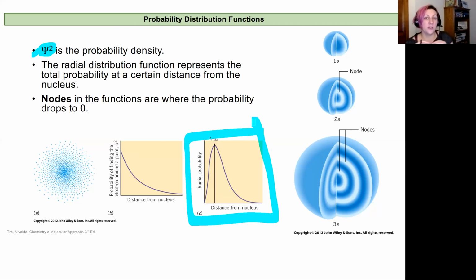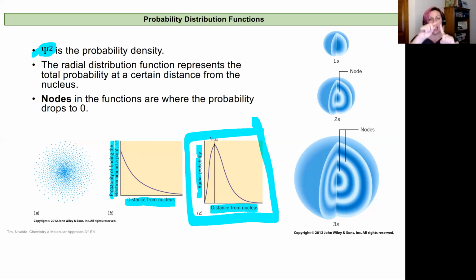As you get away from the nucleus, and that's what the bottom of this is, the distance from the nucleus, what is the radial probability that you will find that electron. If you're strictly thinking about the distance from the nucleus, as you go away from the nucleus, that probability drops off.